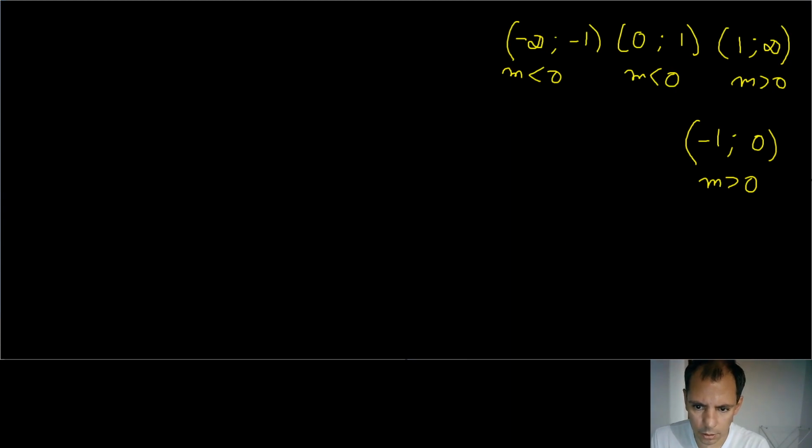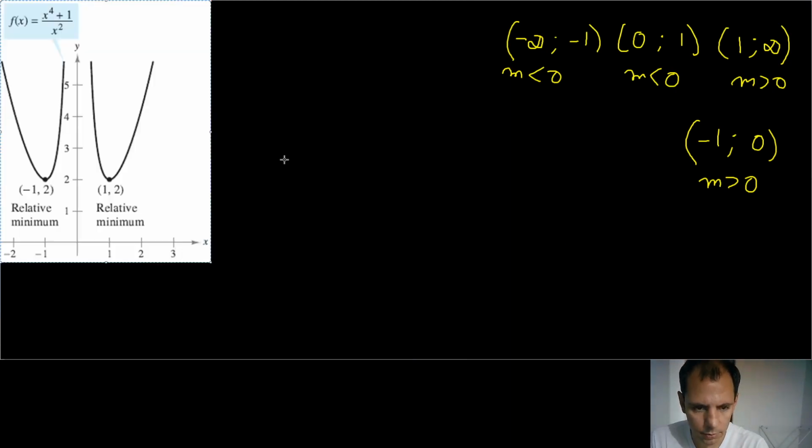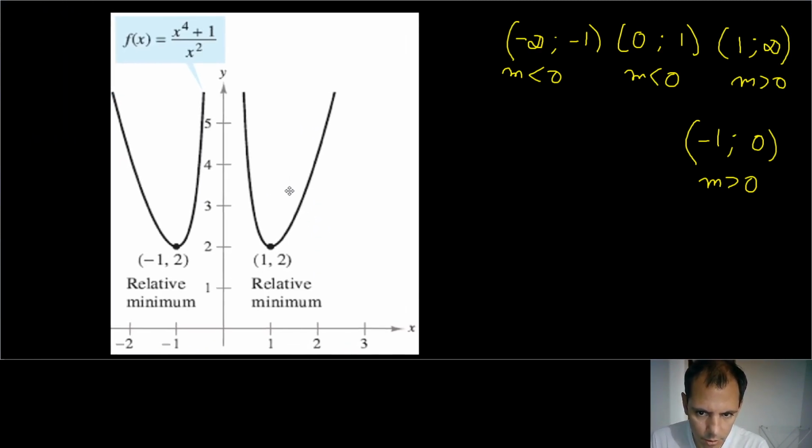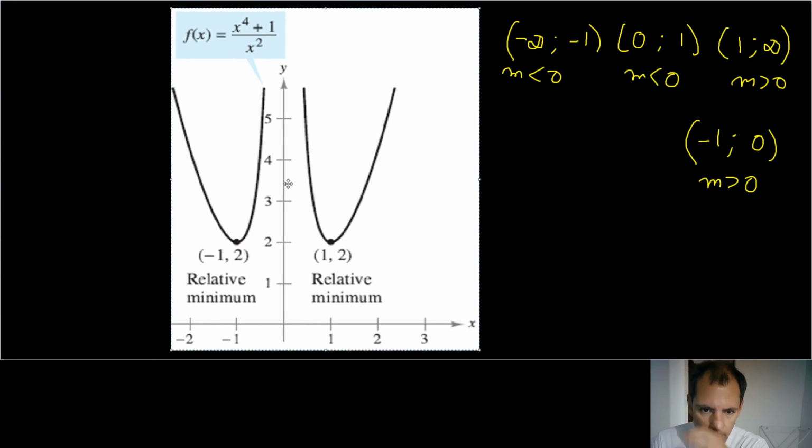Alright, now I'm going to show you guys the thing in here. Maybe increase this a little bit, just so it's clear. So you see, from negative infinity to minus 1, the slope is negative. There you go, the slope is negative here.